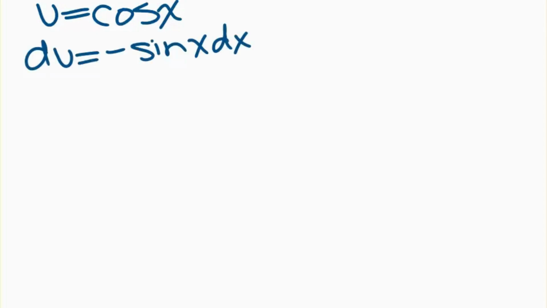So I'm going to use cosine x as my inside term and define that as u. I'm going to define u equals cosine x. Find the derivative of that: du equals negative sine x dx. I want to solve that for dx.